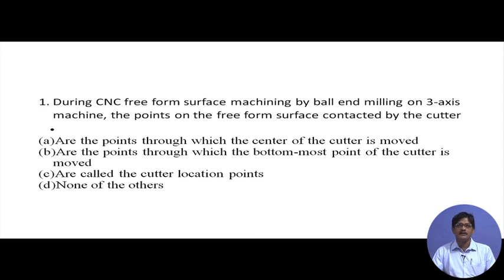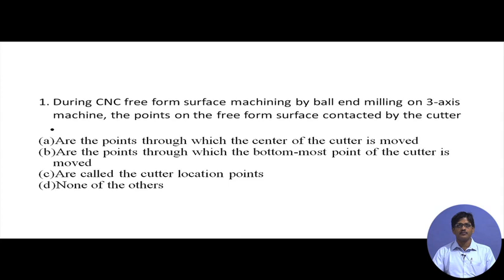First one, are the points through which the center of the cutter is moved? Certainly not, because these are lying on the freeform surface, and therefore, if you move the center of the cutter through these, part of the workpiece will also be machined, which is definitely not what you want.